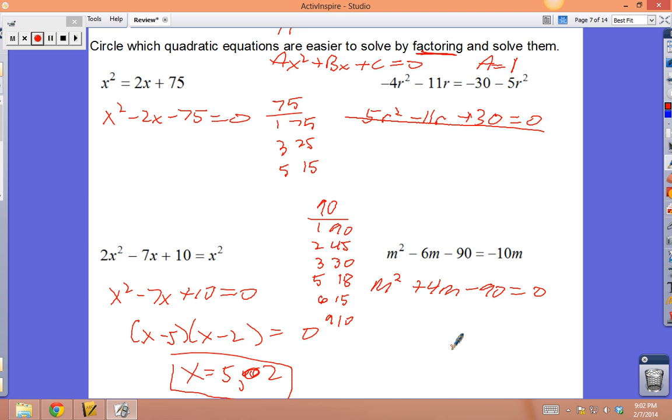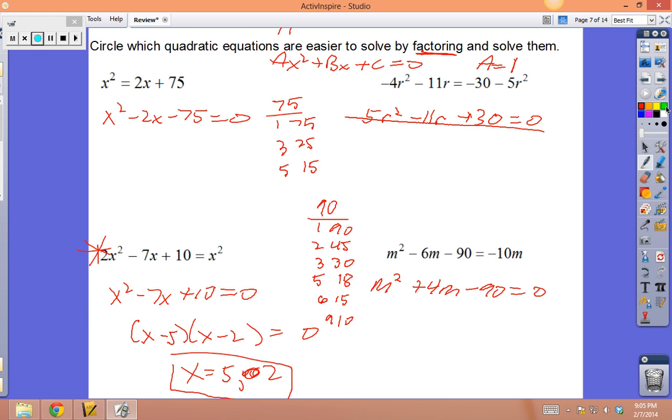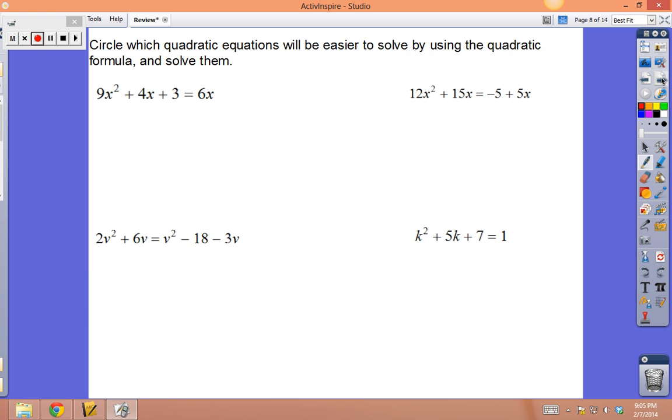Alright, so can we get a 4 out of any of these pairs? So we have to conclude that this is probably the only guy right here that is going to be solved easily by factoring. These solutions are not integers, so they're either some rational or irrational, or maybe even some imaginary or complex solutions.